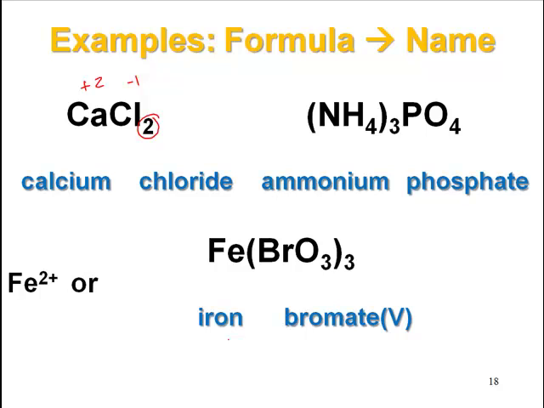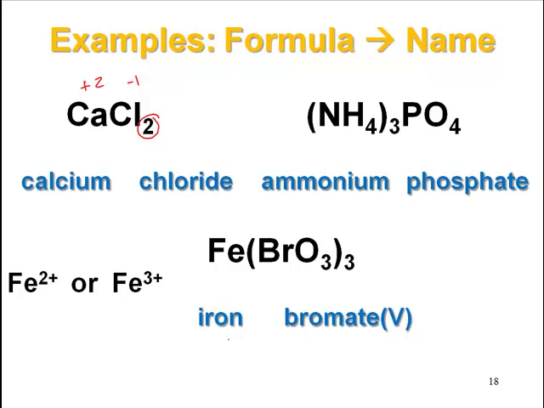The challenge with iron, though, is once you know that iron is in it, there are 2 different common ions of iron, iron 2 plus and iron 3 plus. Iron tends to lose 2 electrons or lose 3 electrons. So it can become a 2 plus or 3 plus ion.